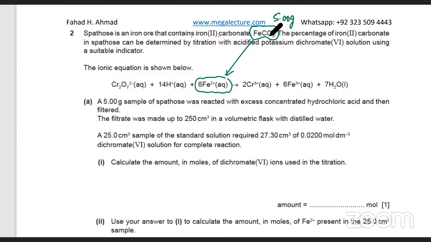He turned it into a 250 cm3 solution. Then he took 25 cm3 of this solution and did not titrate it all. So what he did initially was take spathos, which is FeCO3, and make it into a 250 cm3 solution.